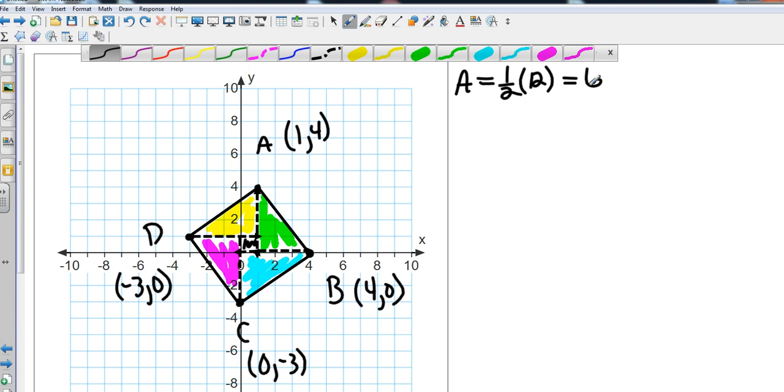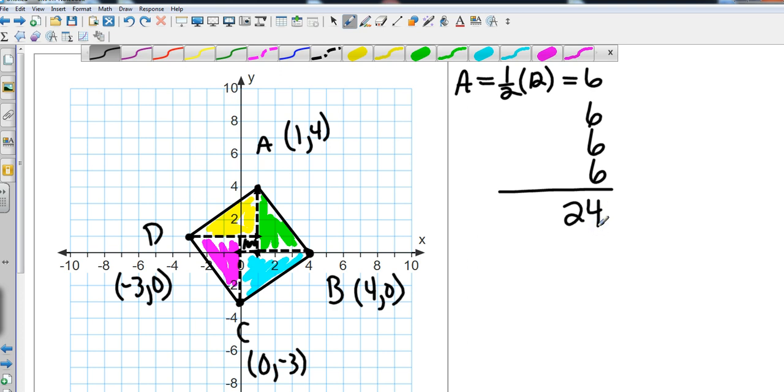It is also 4 by 3. And so the area of the green one is 6. It just so happens, as I look at this, this is going to be a perfect square. We may not have known that, though. And then the next one is also 6. And the purple one is also 6. So that gives us a total of 24.